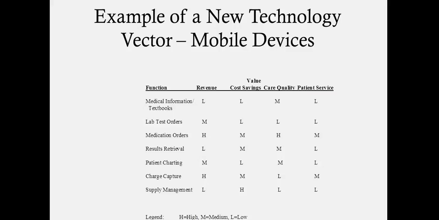So you have these many mobile devices. In terms of revenue, how much revenue do they provide, what are the cost savings, what's the level of care quality that they provide, what's the level of patient service? So this is a good example to look at.